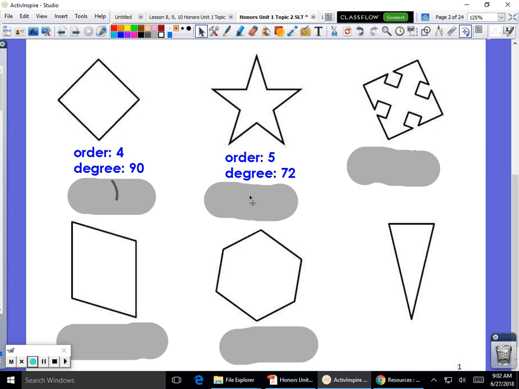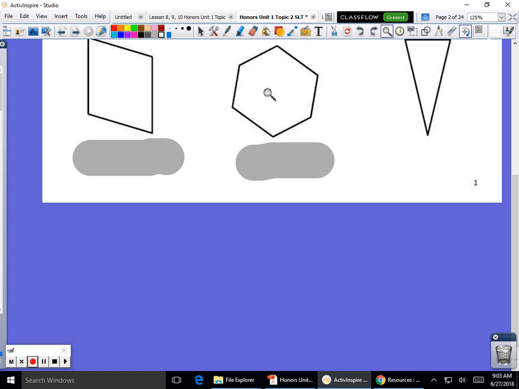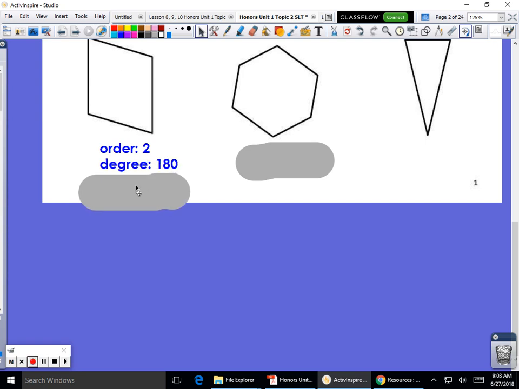Here, similar to a square, is an order of 4 and 90 degrees. Order 2. So this will match up if I rotate it, and the degree would be 180. We have a regular hexagon, order 6, degree 36, and here there is no rotational symmetry.